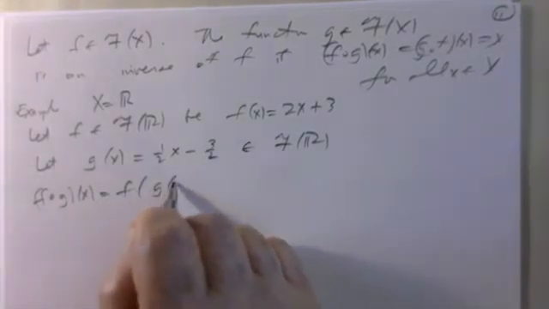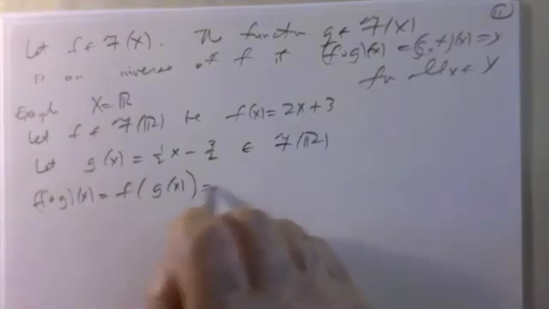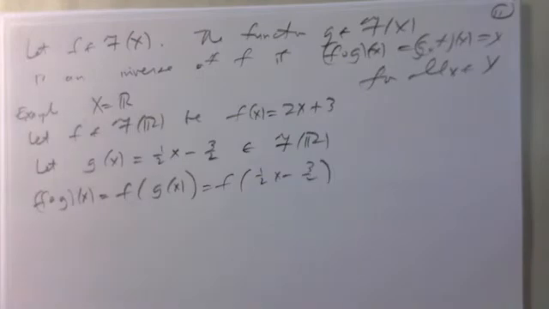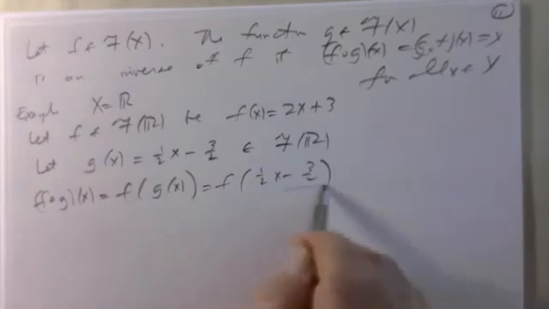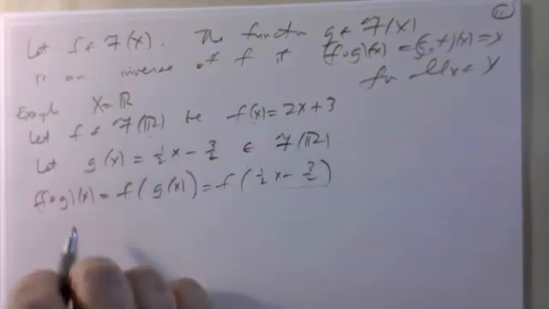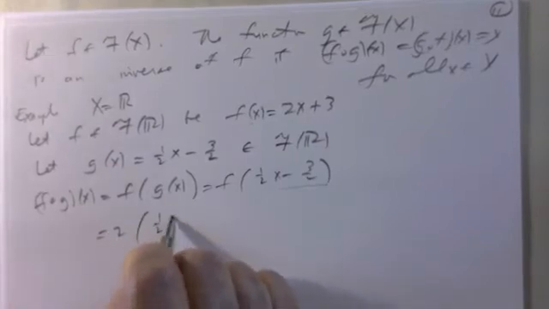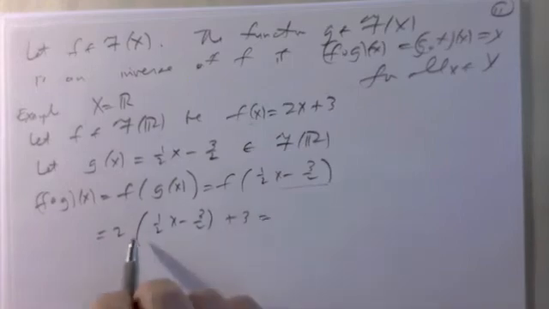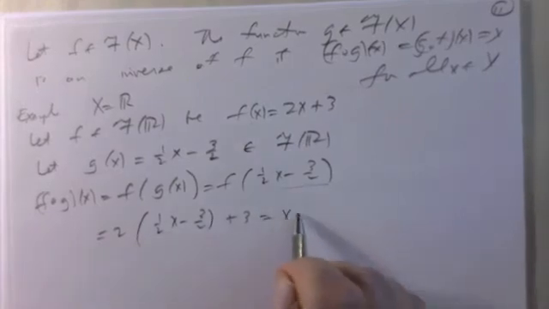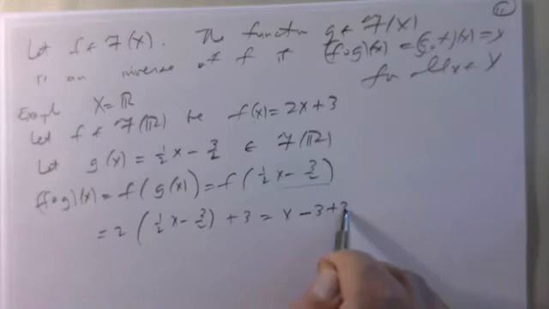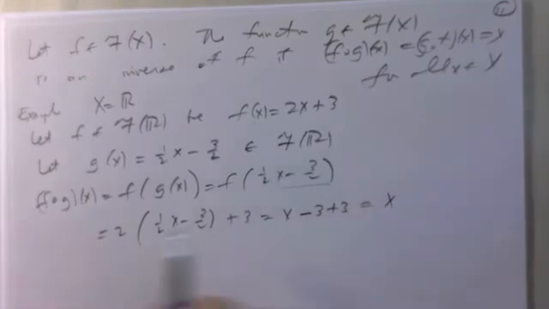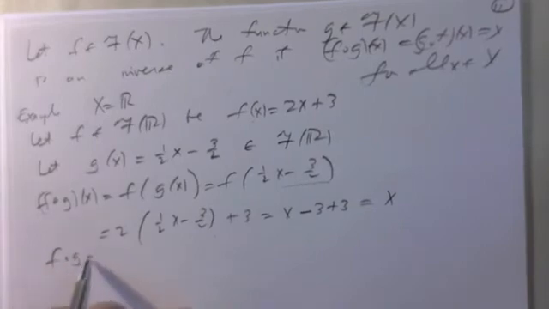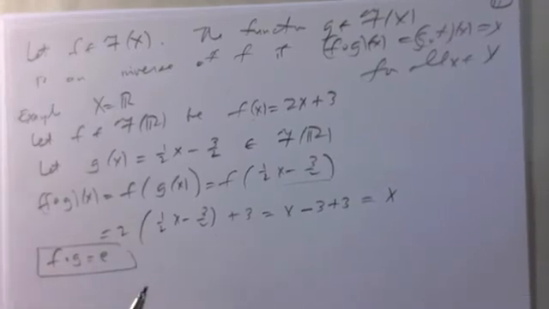This is f of g of x, which is f of a half x minus 3 halves. When I plug this into the function f, this is 2 times a half x minus 3 halves plus 3. This is x minus 3 plus 3, which is x. So f composed with g is the identity.